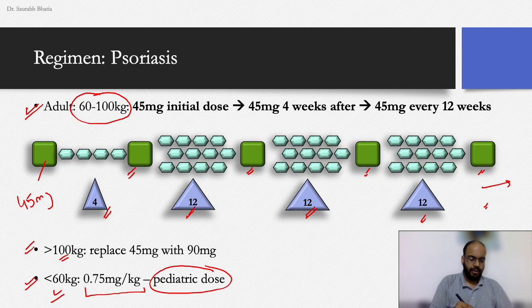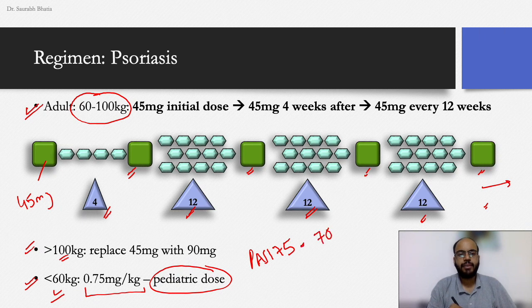Okay. Now let's discuss the response in psoriasis. It has been said that PASI 75, that is 75% reduction from baseline PASI, is seen in 70 to 75% of patients. And this data that I'm telling you is for the 45 milligram dose. If you use the 90 milligram dose, there is not much difference. 75 will become 80 at the most.